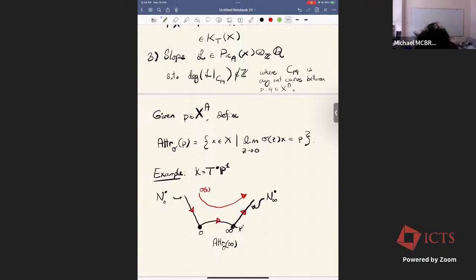The arrows are pointing in the direction of z tending to 0. The attracting set will look like this: it will be P^1 minus a point, P^1 minus 0.